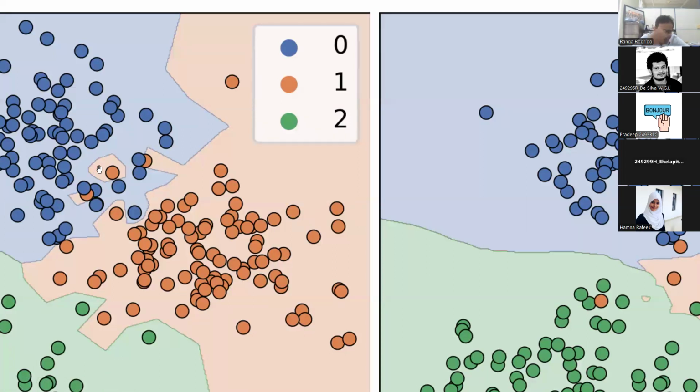But as human beings, we know that's not the orange region. That's the blue region. So all the training examples are perfectly classified, but the test examples are misclassified. This is what happens when k is equal to 1.